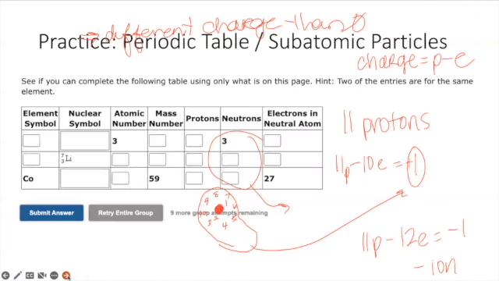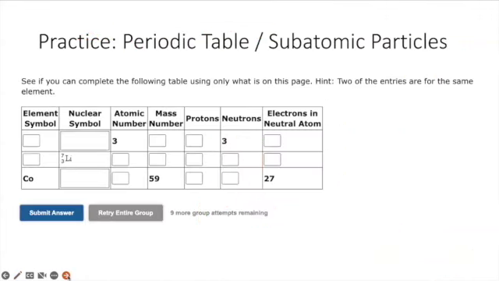OWL has a question where you fill in this chart. This is OWL question 9 and 10. I don't remember specifically, I think it's question 9, but this relates to question 10 as well. This is the same concepts. I liked this table though. Okay, so using what we know, right? We know that the atomic number equals protons.